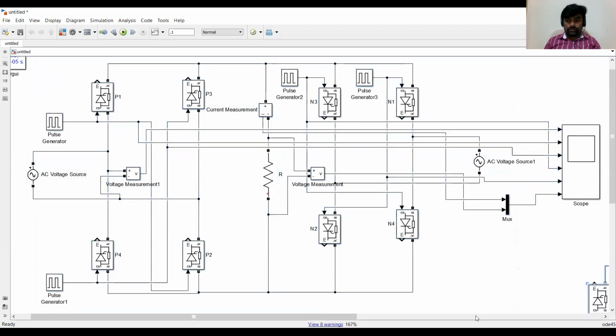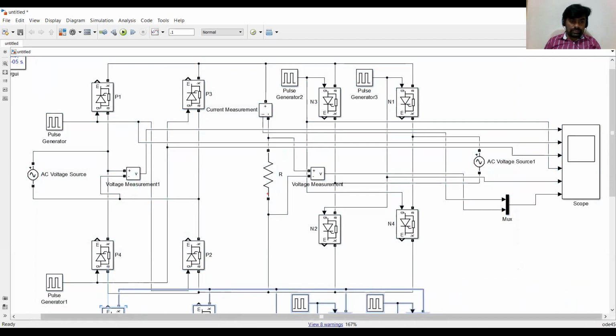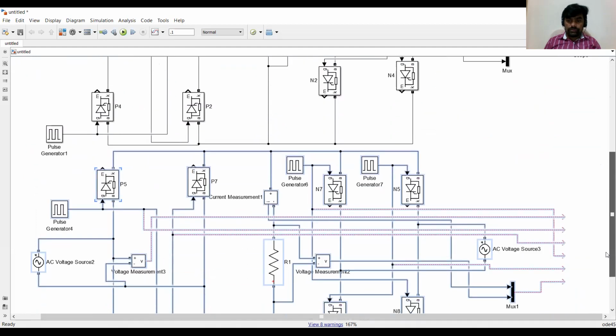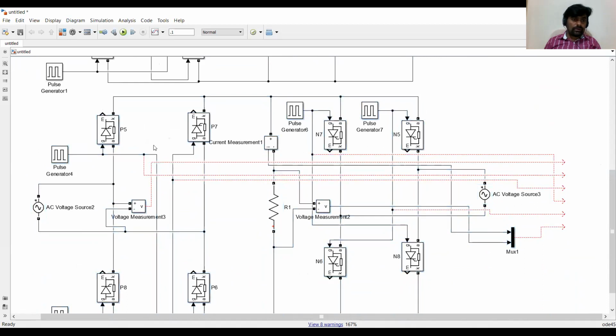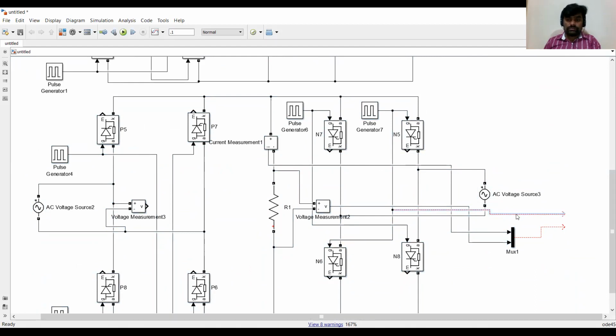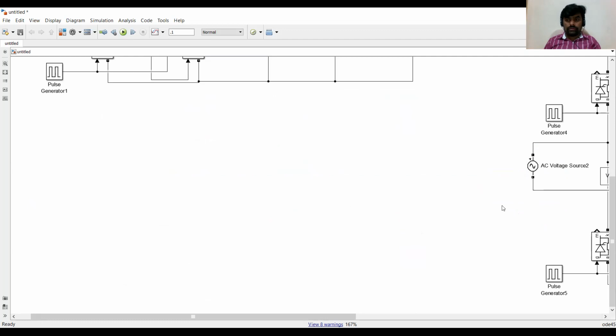So now here I can see the other circuit, and the circuit I am going to operate at alpha 60 degrees. I just want to measure the output voltage.